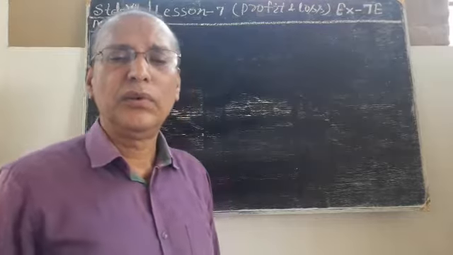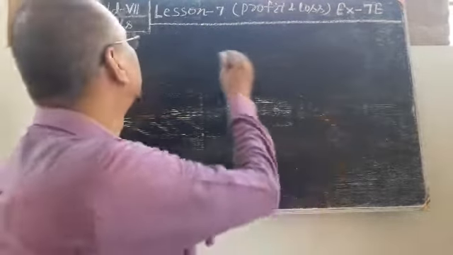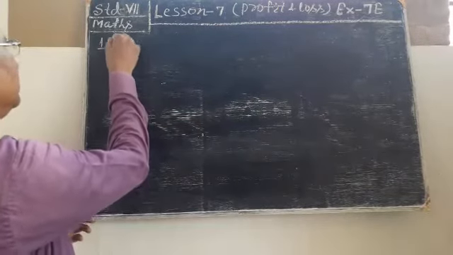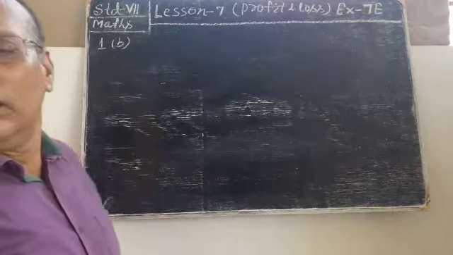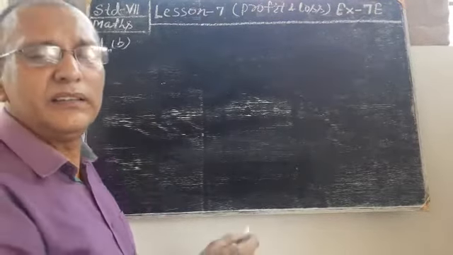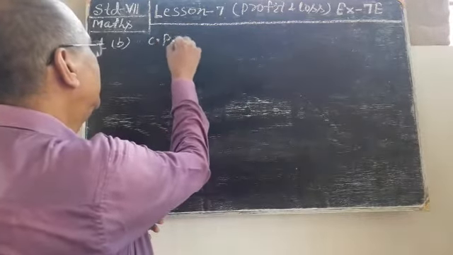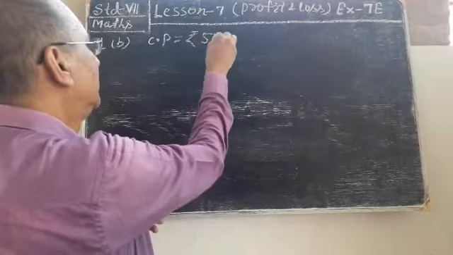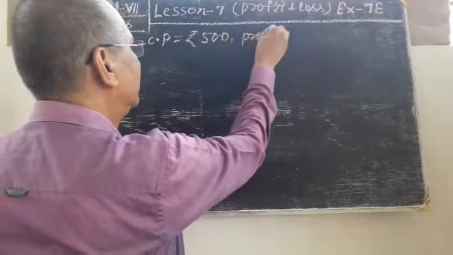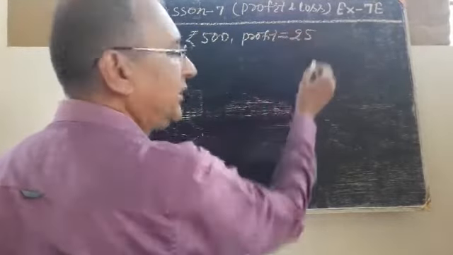Now, from exercise 7E, question number 1B. 1A I have already discussed. CP is equal to rupees 500. Profit is given, rupees 25.